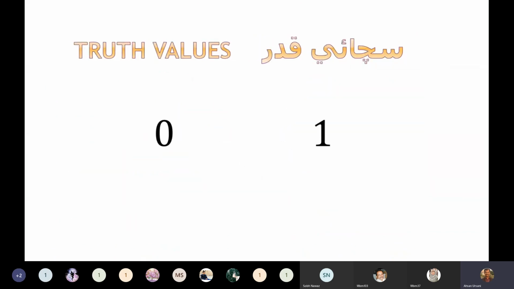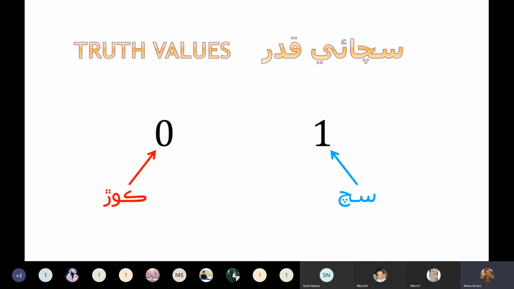We use 0 and 1 to represent those two values of a Boolean variable. And remember, they are not numeric 0 or numeric 1. They are just logic 0 and logic 1 to represent true or false.